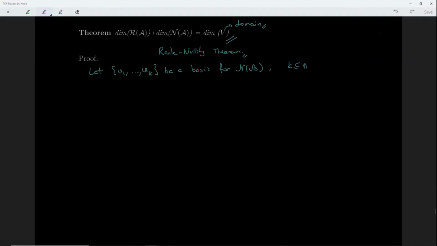So we can complete this basis to another basis that spans the entire domain V.